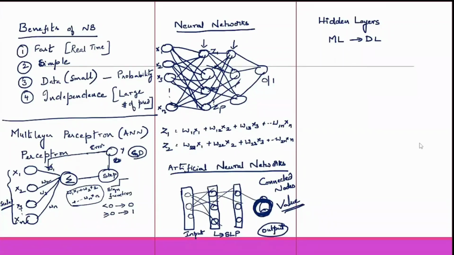You can use it for any purpose, because at the end of the day, it's a network, and the network can very well be applied to any kind of problem as such.